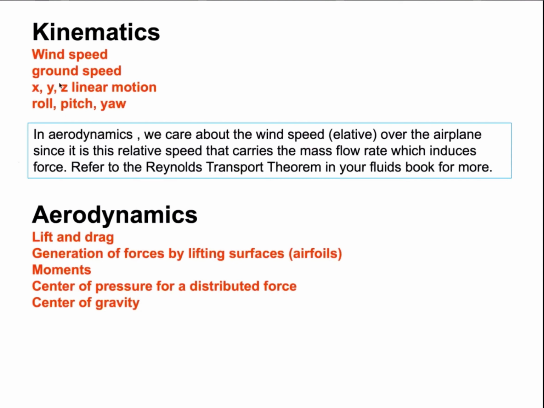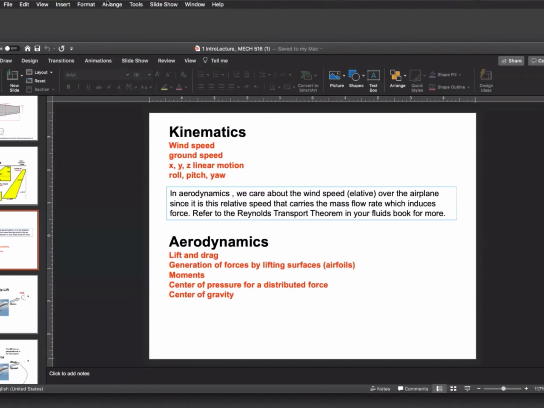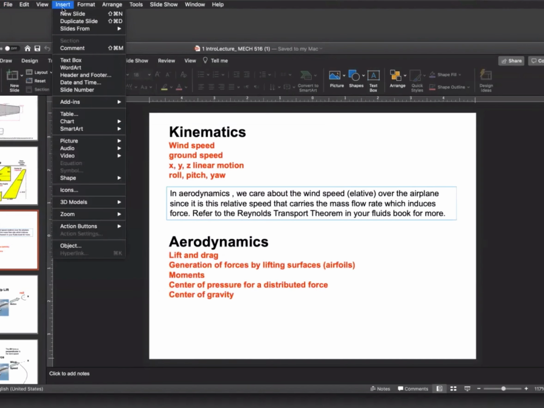The relative speed and ground speed is what allows you to move at a different speed going east or west. So let me just insert this picture.